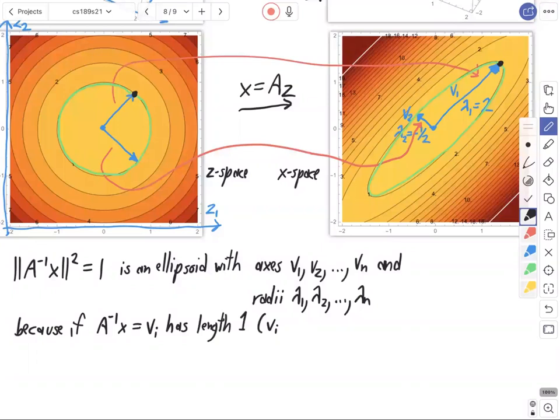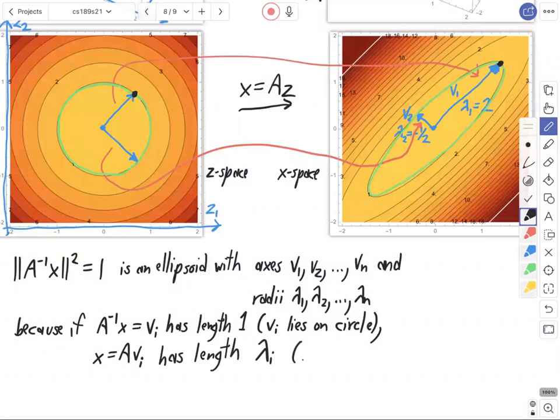Well, that means that v_i lies on the unit circle, and it means that x is equal to A v_i. And since v_i is an eigenvector with eigenvalue lambda_i, this A v_i, or x, is going to have length lambda_i, which means that A v_i lies on that ellipsoid that I'm claiming that it lies on.